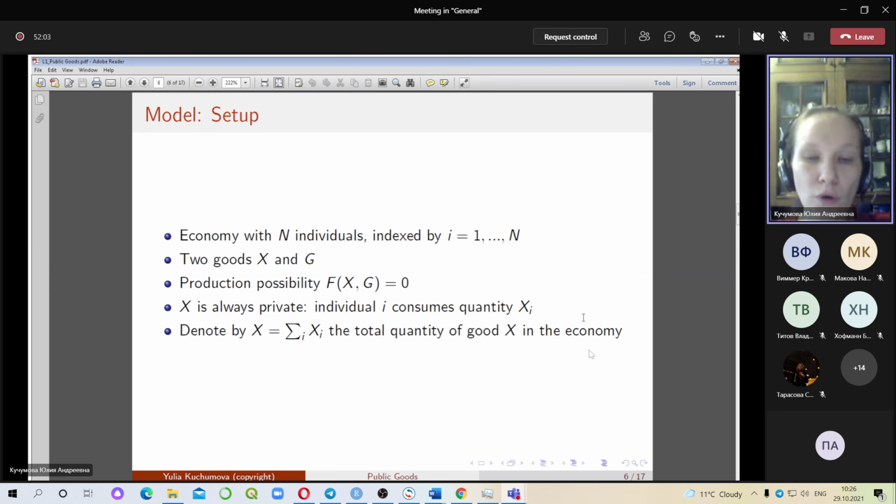And so to really study that problem, we will now develop a model and explore the properties of the optimal provision of public goods and the market failure in detail.